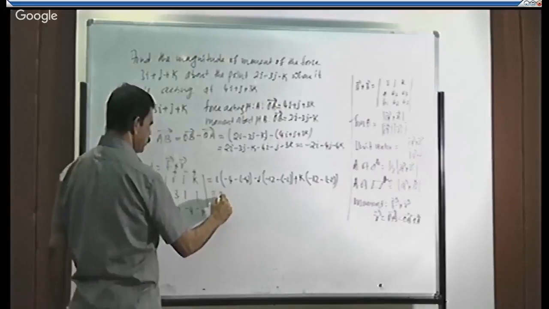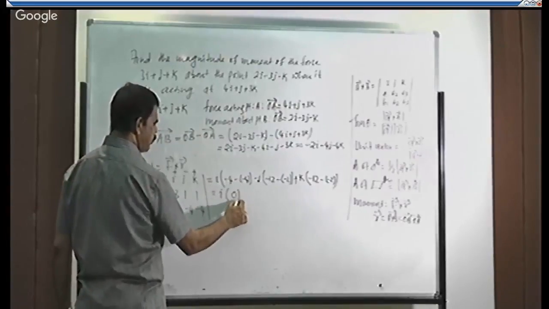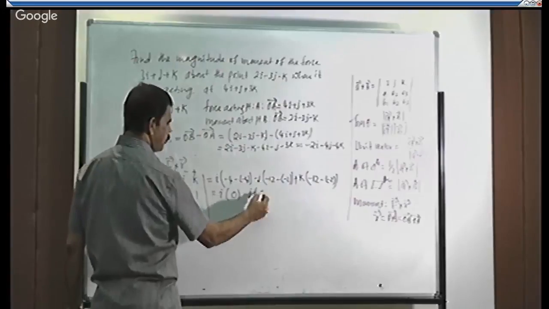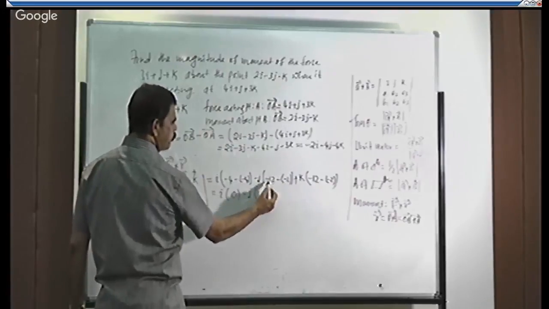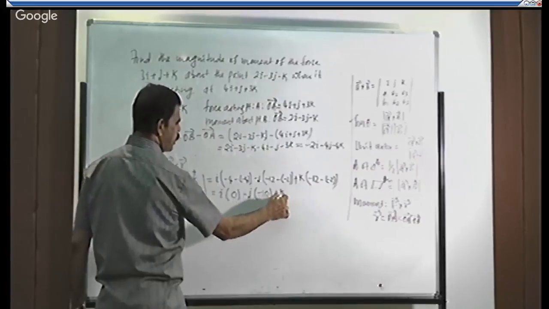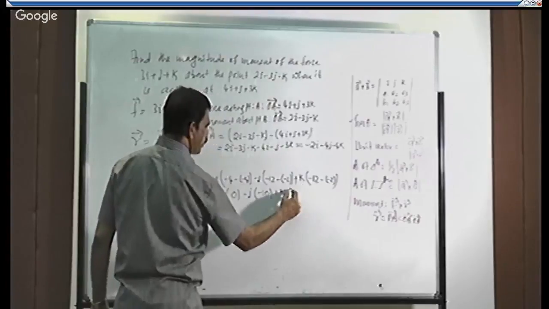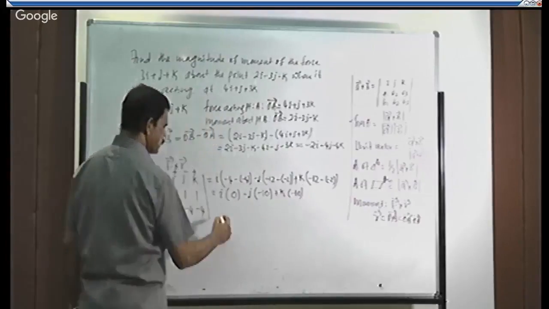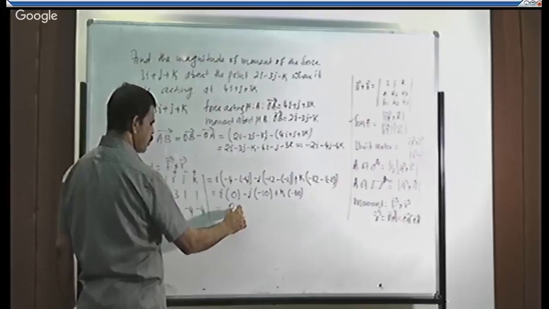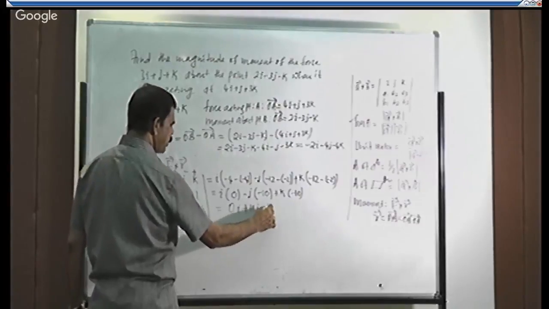That is equal to i into minus 4 plus 4, which is 0. Minus j into minus 12 plus 2, which is minus 10. Plus k into minus 12 plus 2, again minus 10. So finally 0i plus 10j minus 10k.